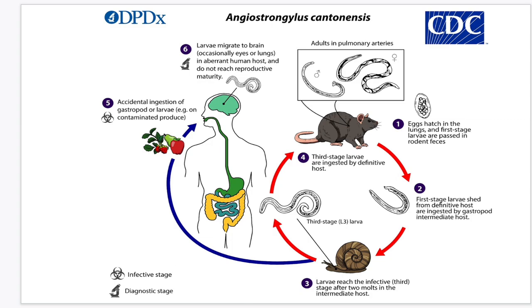we are accidental hosts. So, accidental ingestion of mga prutas na merong contaminated, no, with slugs and snails, or kahit yung mga taong kinakain nila ang raw na snails or slugs, we will be getting the stage 3 larva.